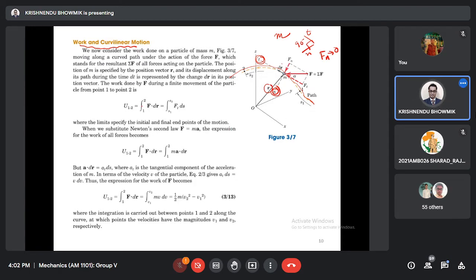So U12 will be the integral from 1 to 2 of F dot dr, that is, s1 to s2 of Ft ds, since along dr it is ds.